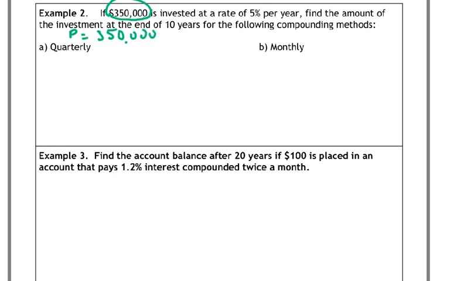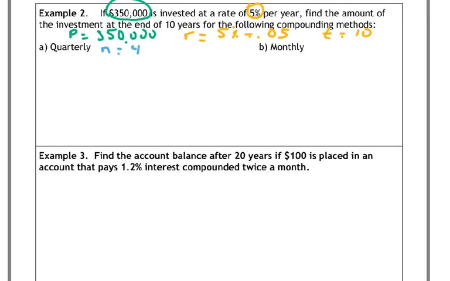Rate is 5% per year, which means in decimal form it would be 0.05. t is over 10 years. Now we have to get it quarterly, which means n is 4.